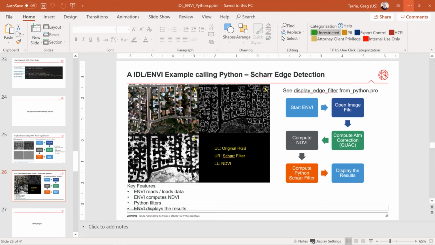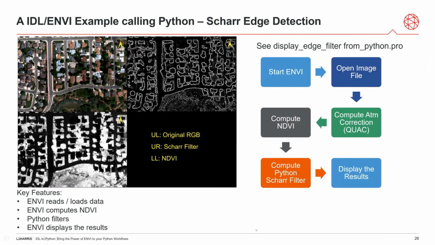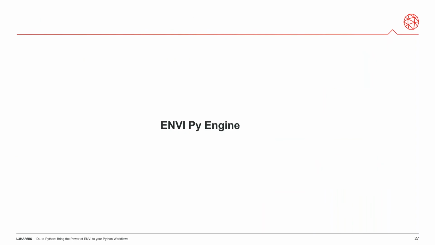All right. So now we've seen the IDL Python bidirectional bridge working with ENVI in Python world and IDL world, bringing the goodness of both into each other. So I want to shift gears a little bit and talk about this MDPI engine that I mentioned a couple times, didn't have time to explain yet.